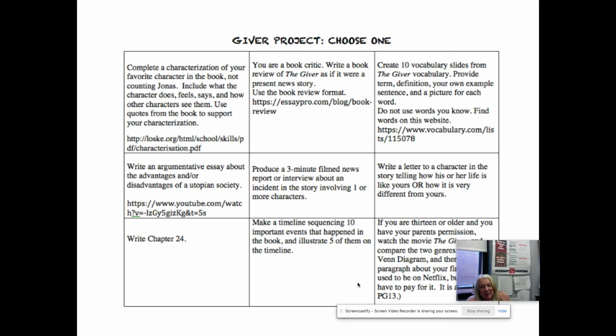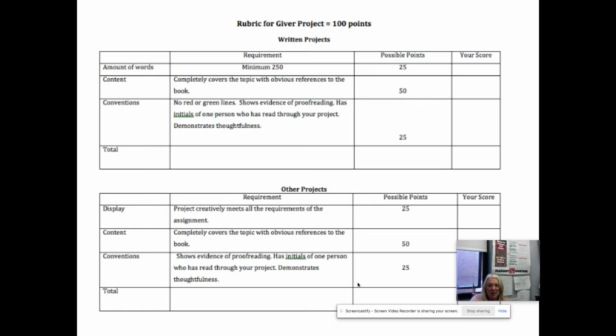So anyhow, if that's a decision your family makes to buy that film, to watch it, then that's your decision, and then you can make the Venn diagram and write a paragraph about your findings of the movie compared to the book. Okay? Just to show you how to be graded.